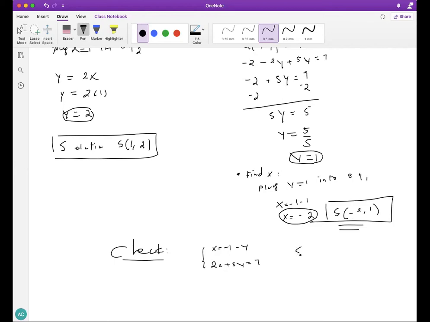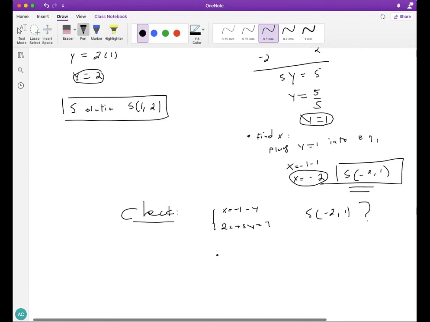So our proposed solution, we don't know if it's an actual solution yet, is this, but is it valid? So let's check. Let's plug this in equation 1.